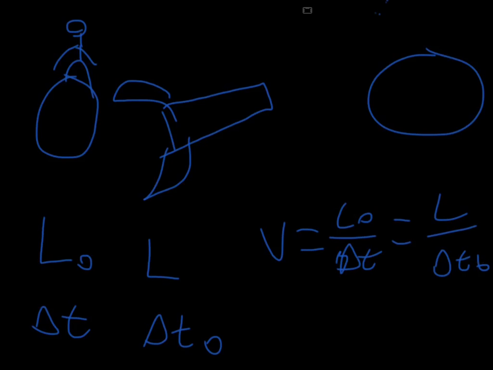How is that so? Let's say the time gets reduced by a factor of gamma. L also gets reduced by a factor of gamma.